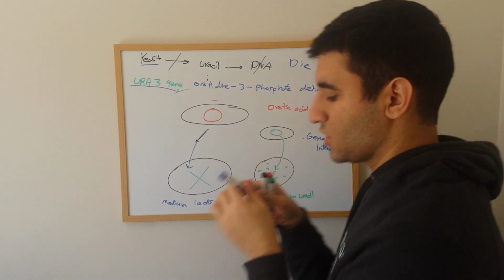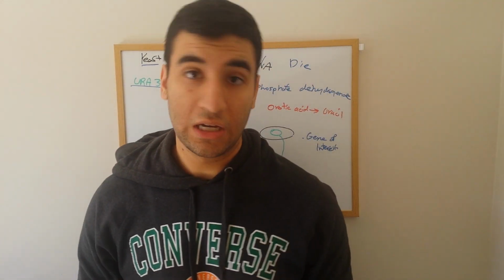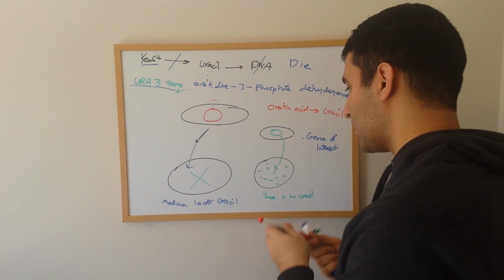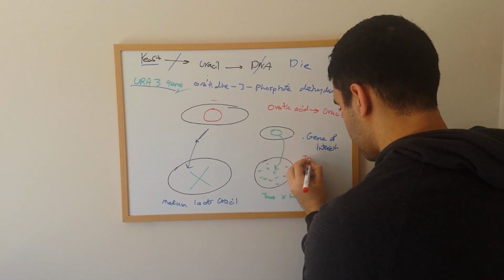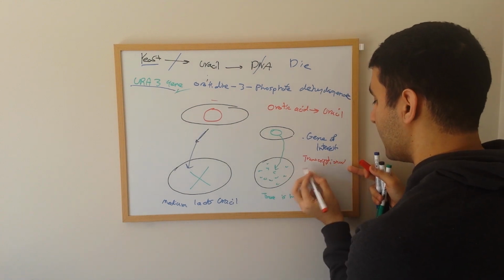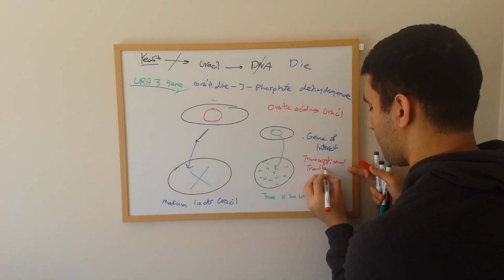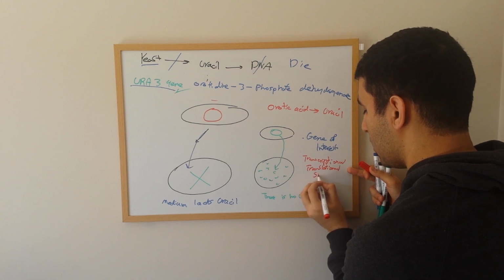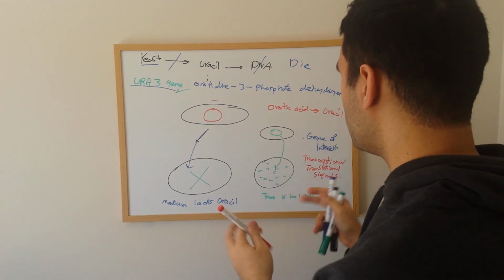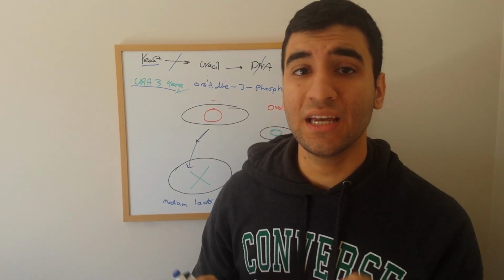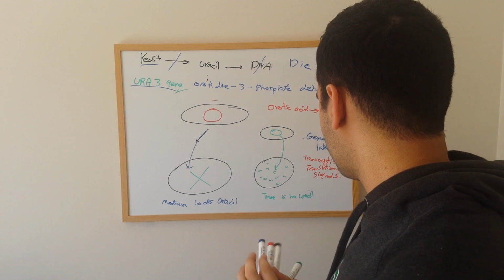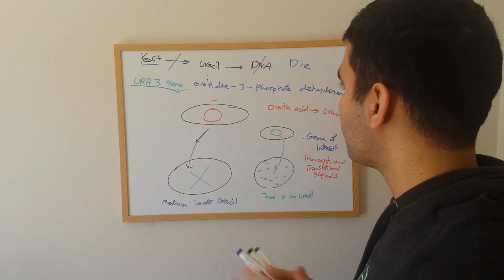The gene of interest can be, for example, a gene for production of insulin, and it also has transcriptional and translational signals specific for yeast that enable it to produce the insulin protein inside the medium.